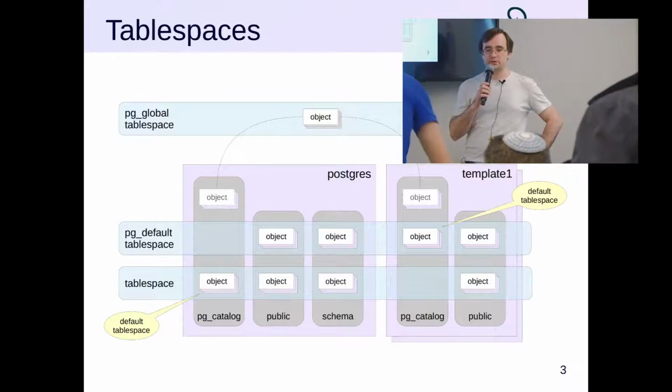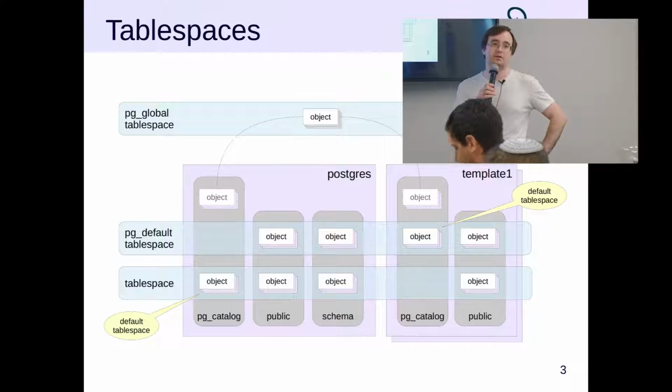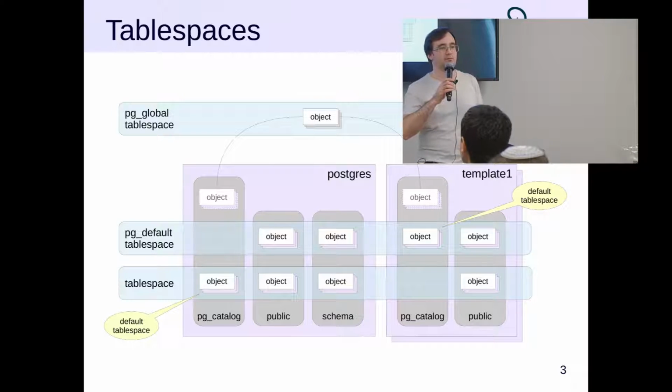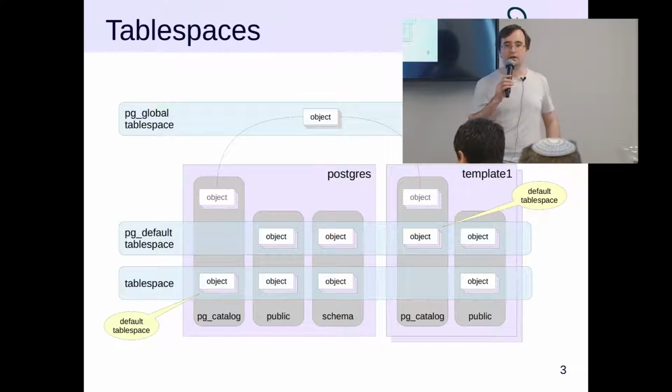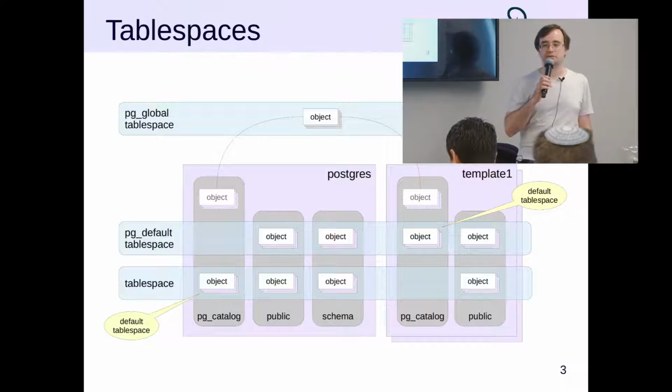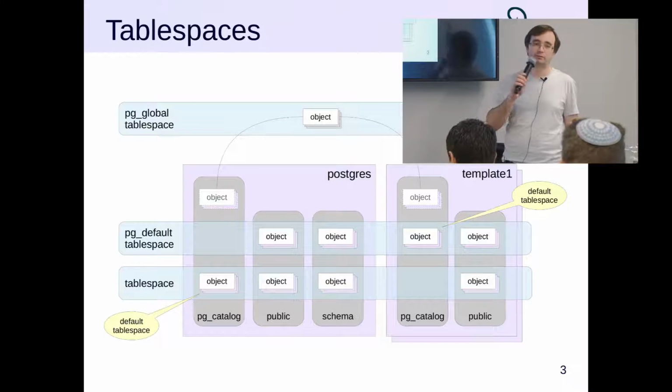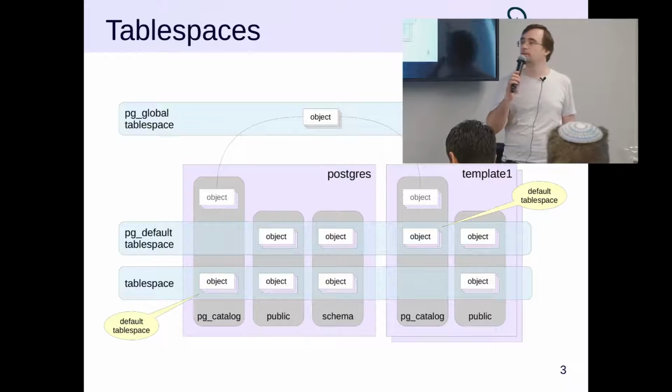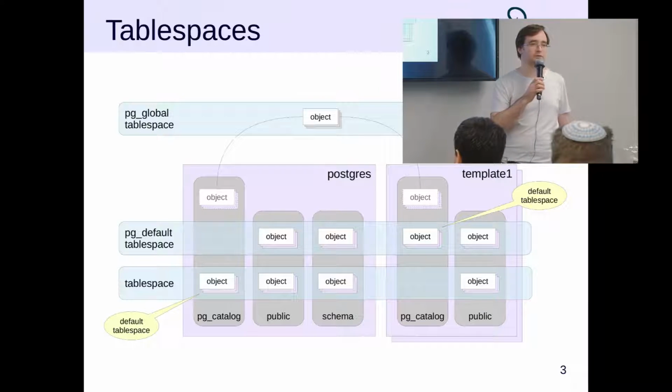A table space is basically a directory. A table space defines a directory in which your data will be stored. After cluster initialization, we have just two table spaces, pg_global and pg_default.